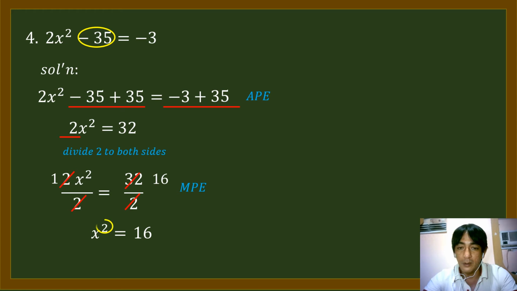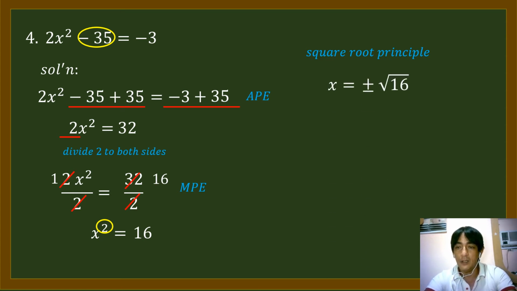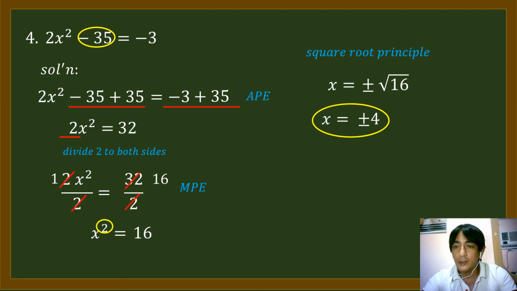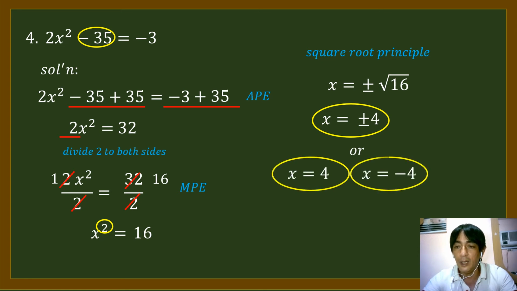So, to remove the square on x, we can apply again the square root principle. So, x now is equal to the positive negative square root of 16. Okay, sana nakakasunod na. So, the square root of 16 will be 4, positive negative 4. Or, x is equal to 4, and x is equal to negative 4.